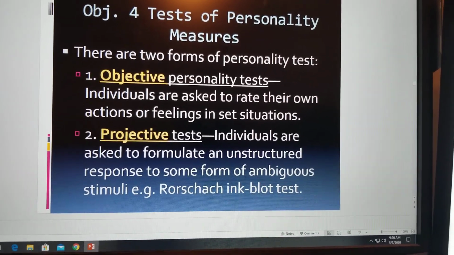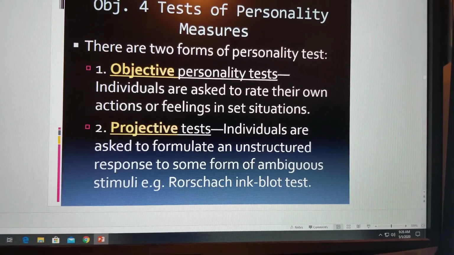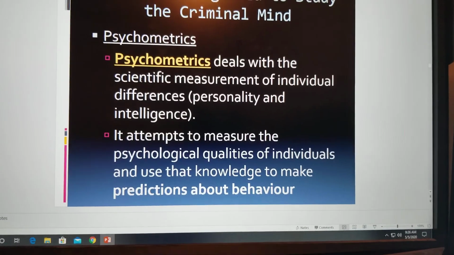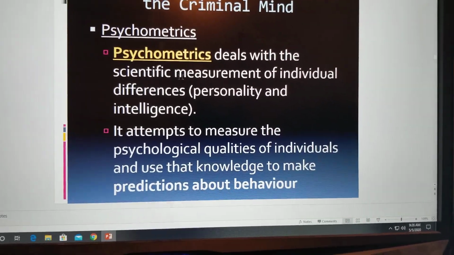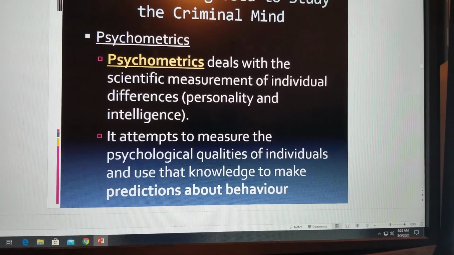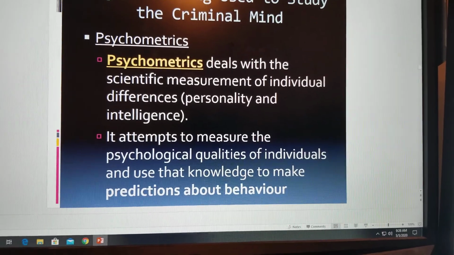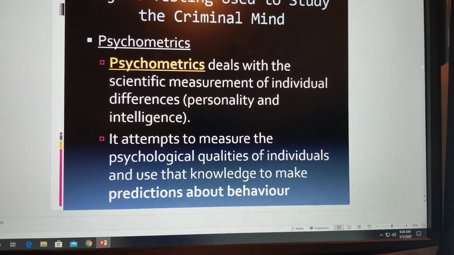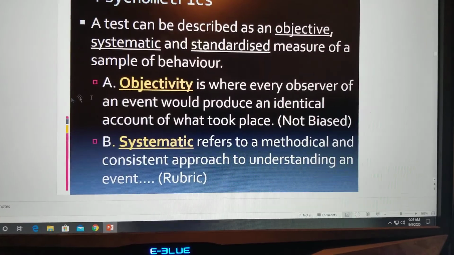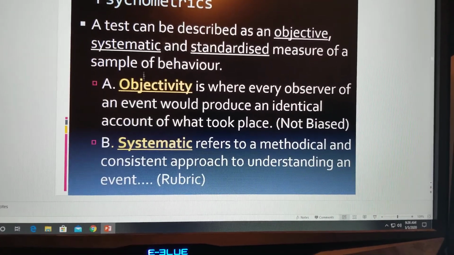So what makes a psychometric test reliable? It is considered to be scientific measurement, and it's really because it follows 4 rules. There's 4 rules regarding psychometric testing. 1, it has to be objective.